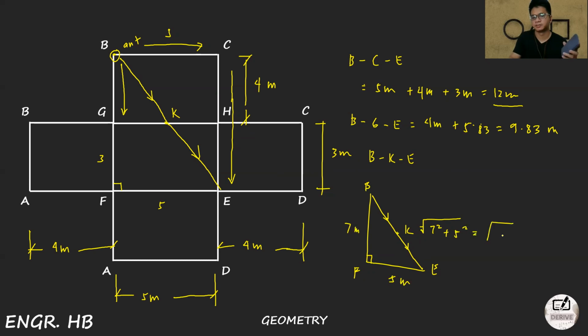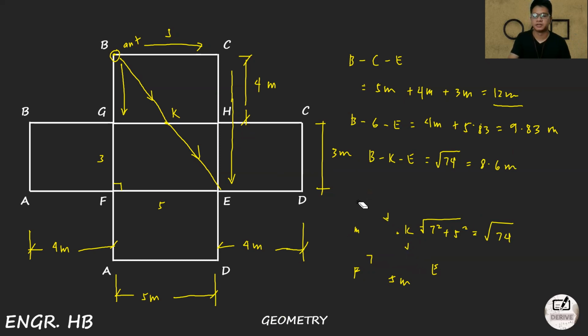So it will become 49 plus 25. So that was square root of 74. And we all know that square root of 74 is 8.6. So ang BKE natin is square root of 74 and that amount is 8.6 meters.